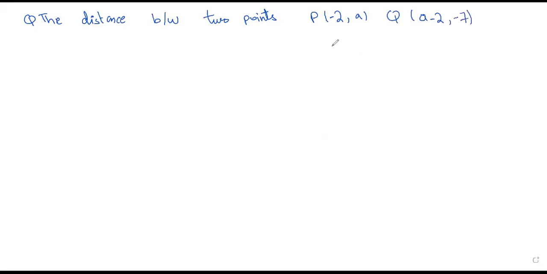So the distance between points P and Q is basically 17. The question is, find the possible values of A. So you have 3 to 4 minutes. Just do this question and just send me the answer in the chat box, right? I want you guys to do this question right now. And if you're not able to do it, just tell me immediately that, ma'am, I'm not able to do it, so I'll do it.